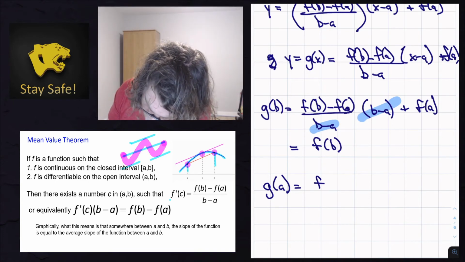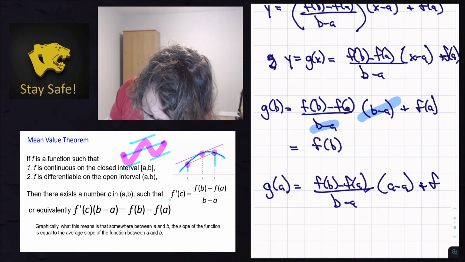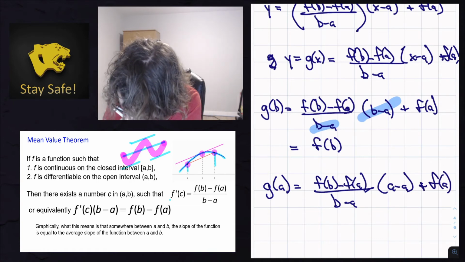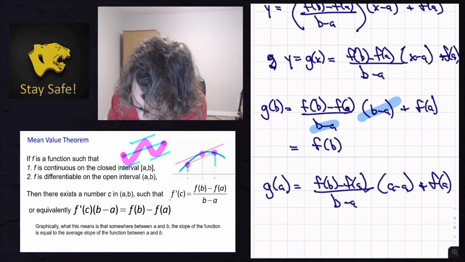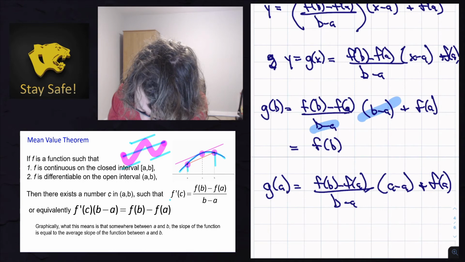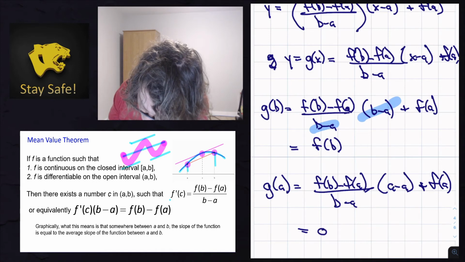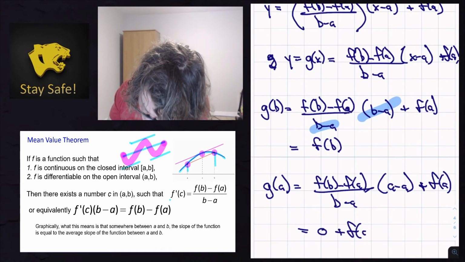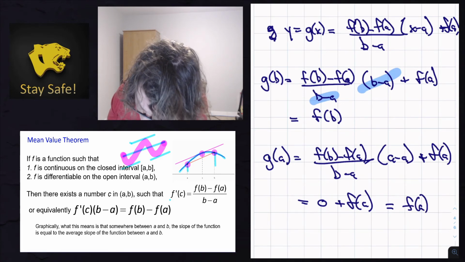So that would be f of b minus f at a over b minus a times a minus a, plus f at a. So in this case, I'm going to get 0 times the original first thing, which gives me f at a.